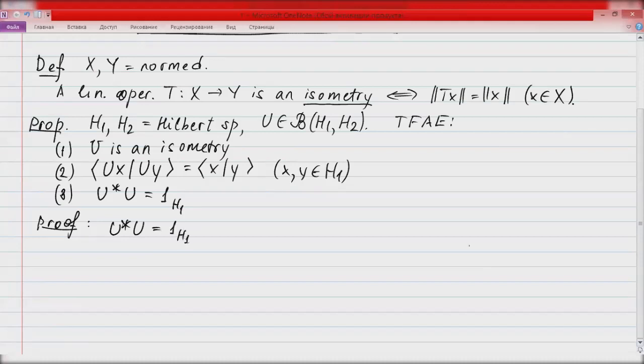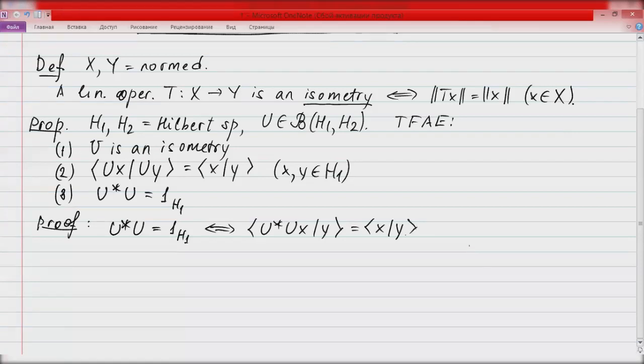Well, in general, let's recall that two operators between Hilbert spaces are the same if and only if the associated sesquilinear forms are the same. So this is equivalent to the following identity. This is the sesquilinear form associated with the first operator, and this is the form associated with the identity operator.